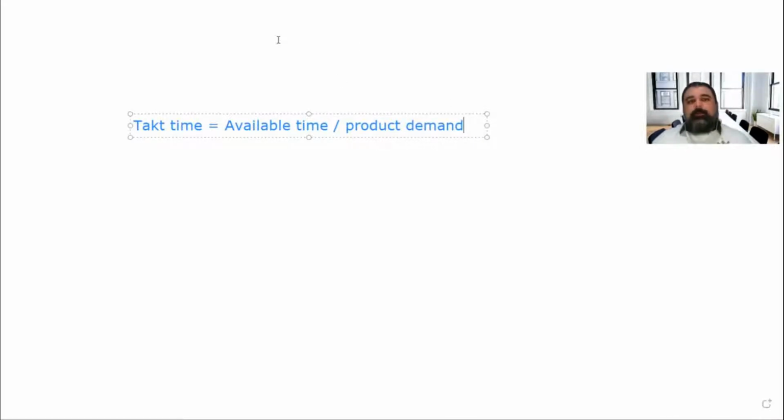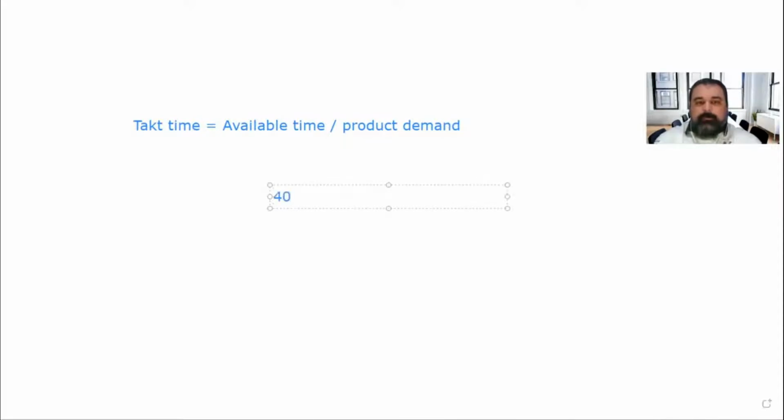So we are going to calculate now the available time. If your company operates 40 hours a week, and each hour has 60 minutes, your company has 2,400 minutes available every week.